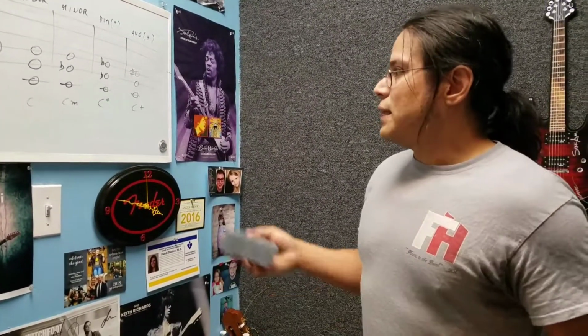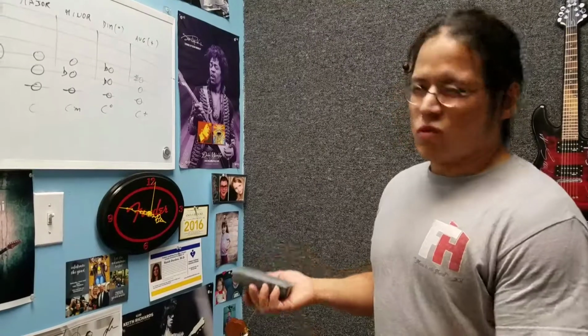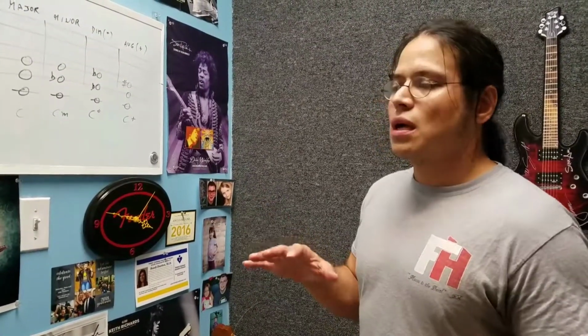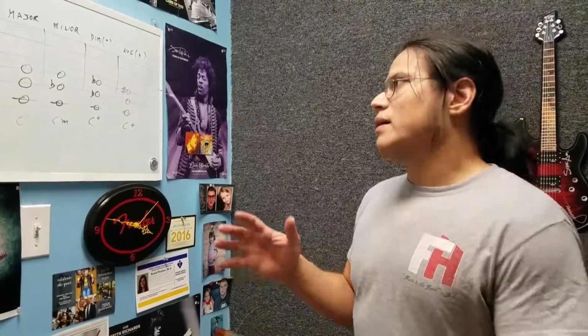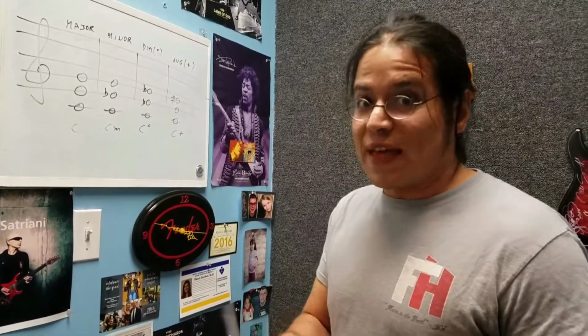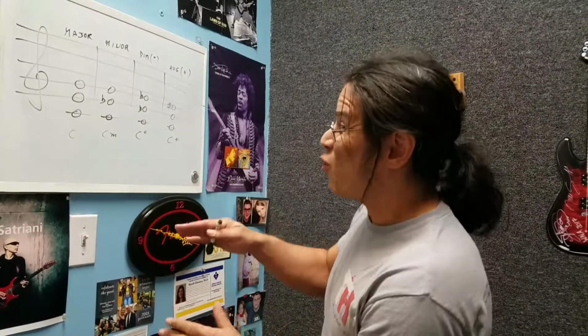Now, you may be a little confused about how the intervals change from major to minor, from augmented to diminished. Remember from the interval video, and if you haven't watched it, go watch that, because you definitely need to understand intervals before we look at this.